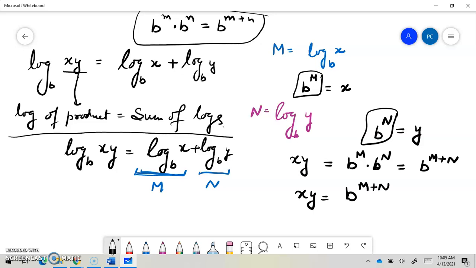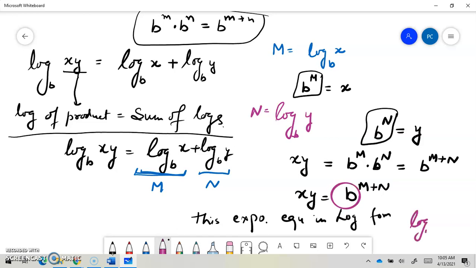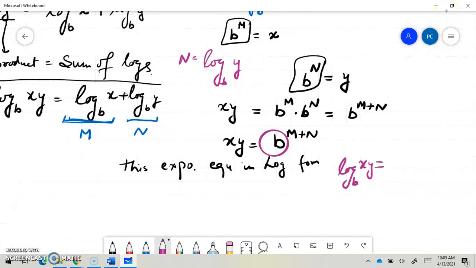This is an exponential equation. How can we write this exponential equation in log form? b is the base, so when we write it in log form, the base would be b. b should be raised to m plus n to get xy, so log of xy with base b is equal to m plus n.